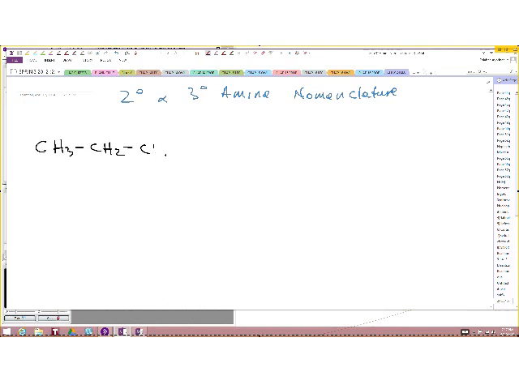Supposing I have this. In this case, you look for the longest carbon chain that is attached to the nitrogen, and you use that as the base name, or sometimes the more complex carbon chain as the base name. So in this case, the base name will be 1, 2, 3, 4. That will be butylamine. So therefore, you then want to indicate that you have a methyl group or an alkyl group attached to nitrogen.